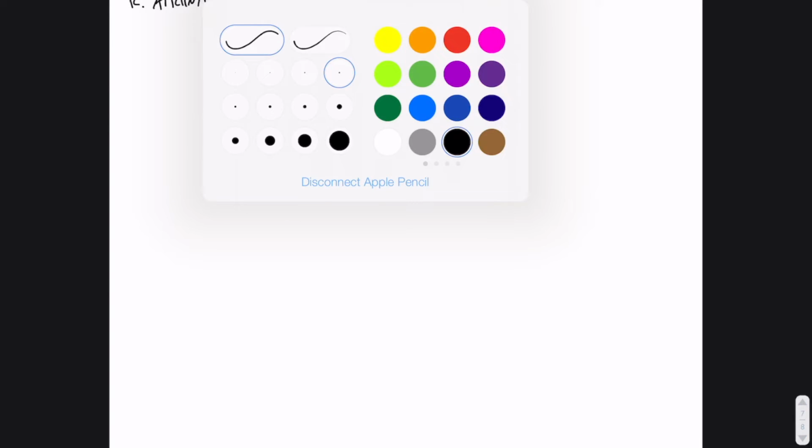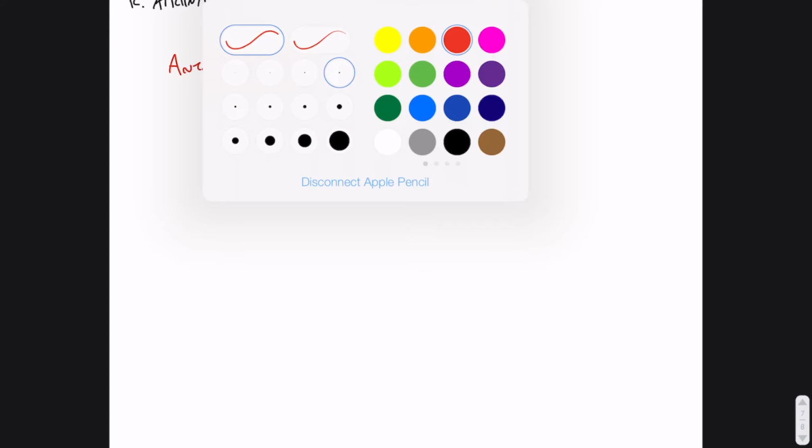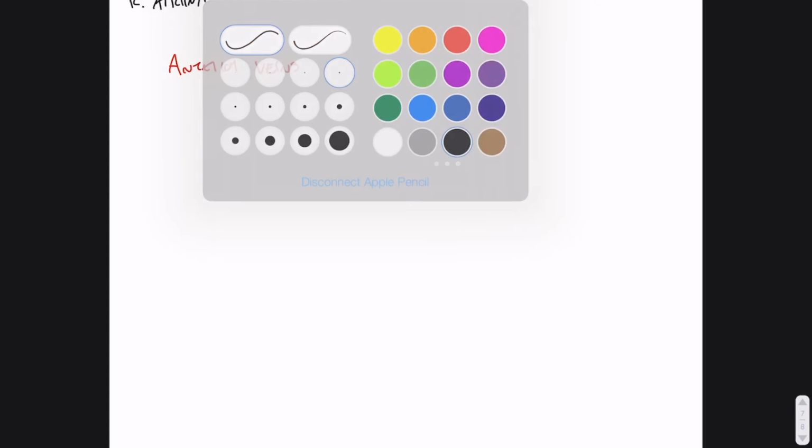Now let's do the anterior. Anterior is pretty much like the arterial system. Okay, so the anterior veins. The difference here, let's just do a trace.